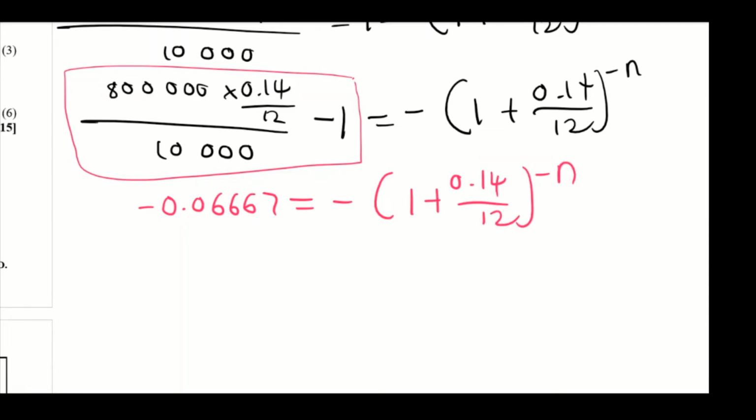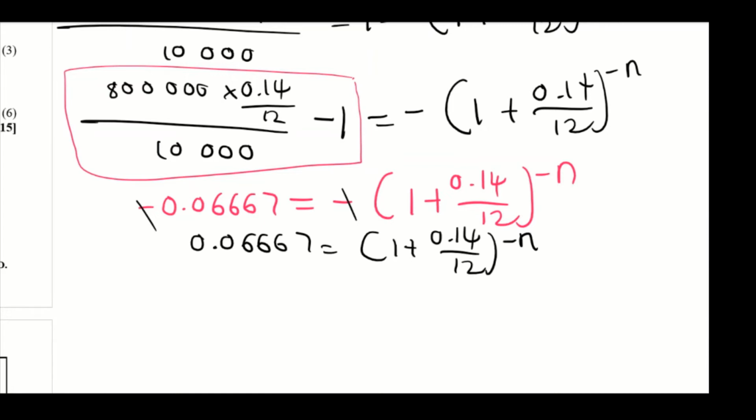And then we divide through by the negative, then you remain with 0.06667 equals 1 plus 0.14 over 12 to the power minus n. Then you're going to use logs.